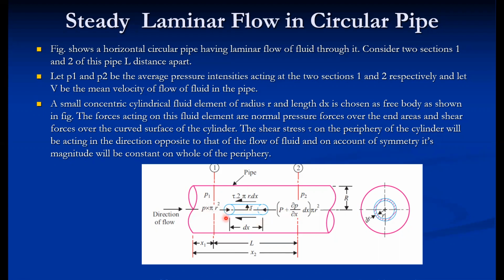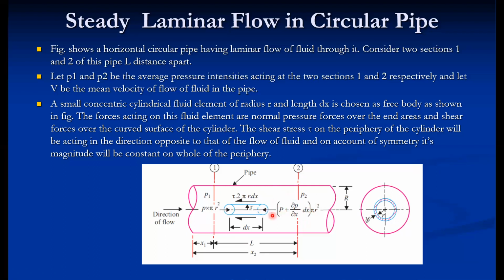The pressure force on the right face is obtained by Taylor's expansion, since this face is at a distance dx, considering the incremental change in pressure intensity: f of x plus f dash of x into dx, into pi r square.